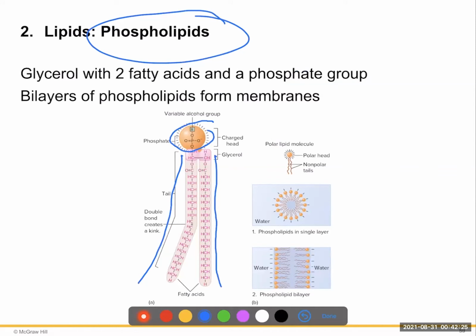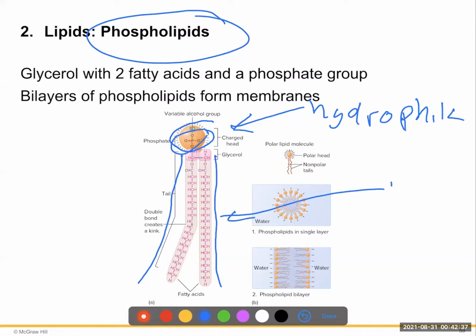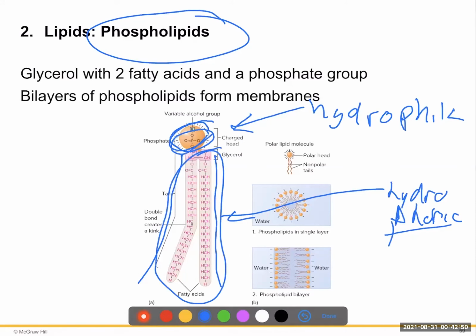This part is hydrophilic. It has charges. It's a phosphate group, PO4 3 minus. This part is hydrophobic. It has no charges. This part loves water. This part hates water or fears water. This double tail.